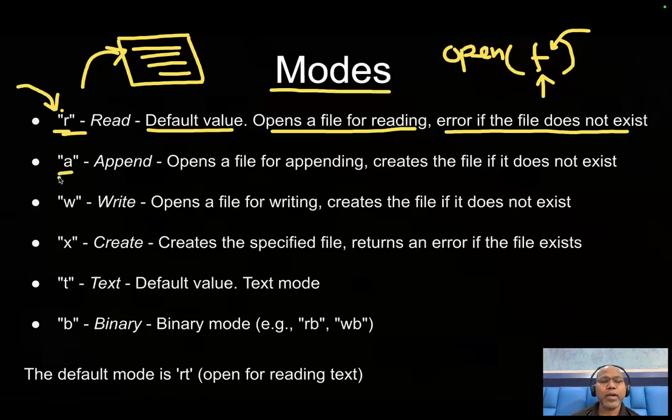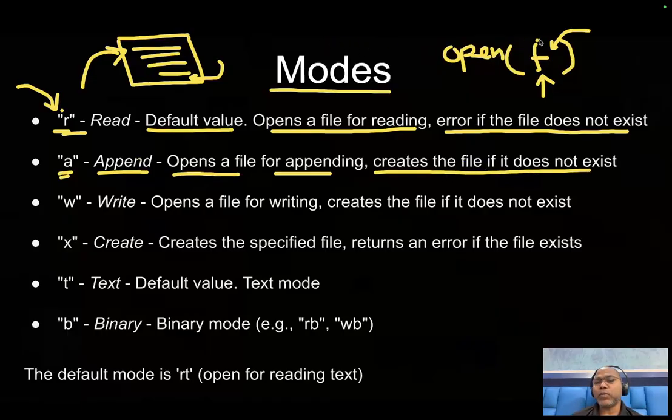The second mode is append. Append stands for opening a file for appending. Whenever you open the file, you add the lines at the end. It creates the file if it does not exist. If you specify the file name here and the file does not exist, then it will create it. If the file exists, it appends at the end.